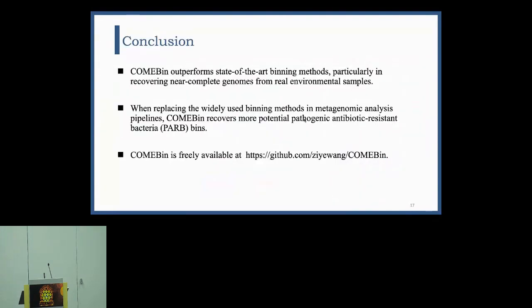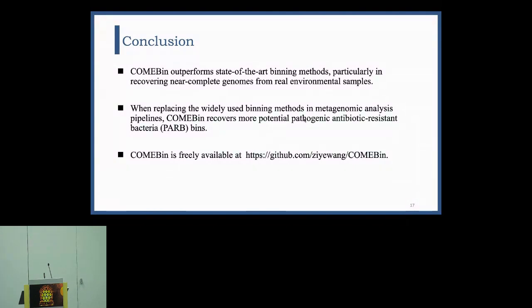So in summary, Combine is a binning method based on multi-field contrastive learning. The contrastive learning approach aims to make the representations of different fields of the same contig as similar as possible, while ensuring that the representations of different contigs are distinct, resulting in highly discriminative embeddings.